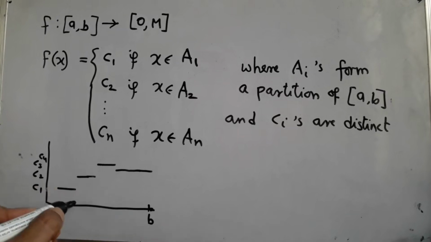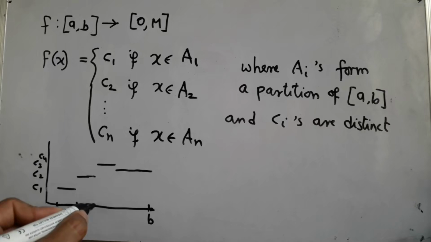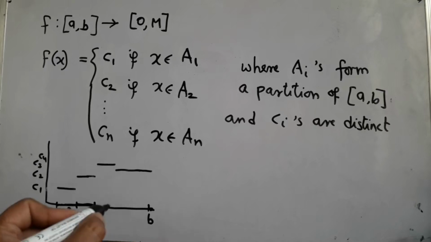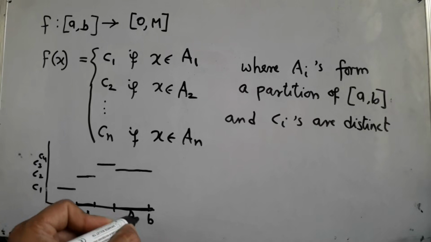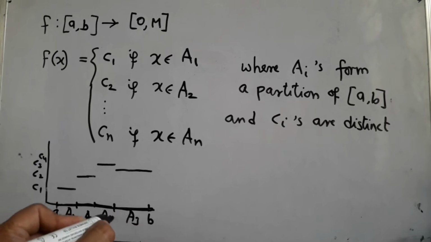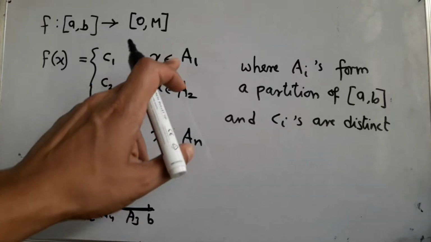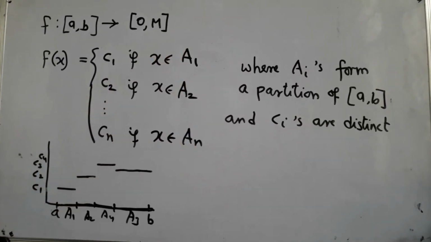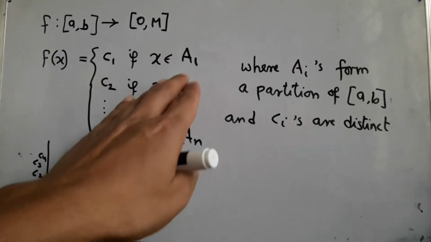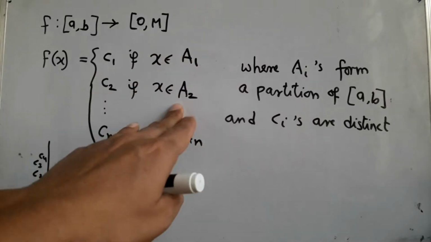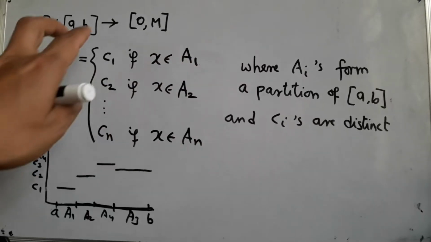It takes the value C1 over this set. So this interval is A1, this interval is A2, this interval is A3, and this interval is A4. But I must remind you that in general these things need not be intervals. For example, for the Dirichlet function, these were actually all the rationals and these were all the irrationals in the interval.